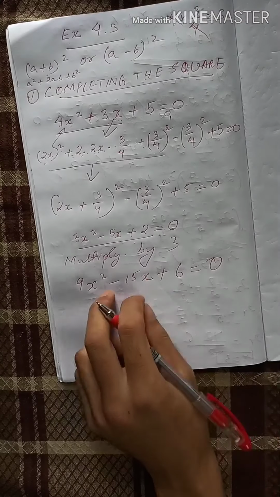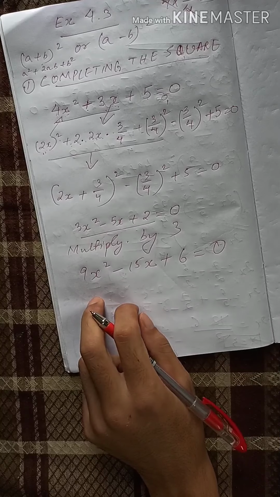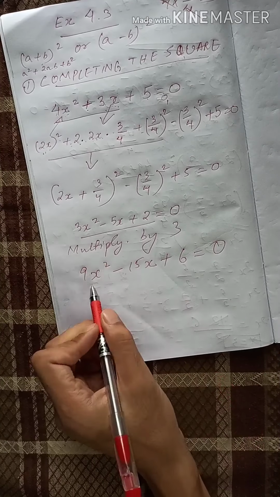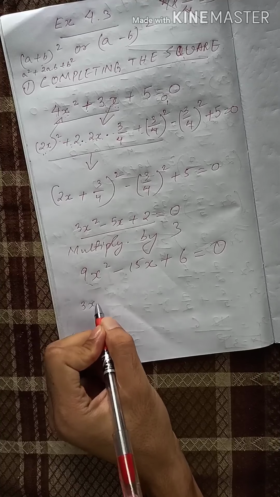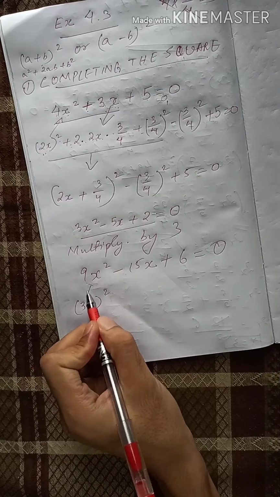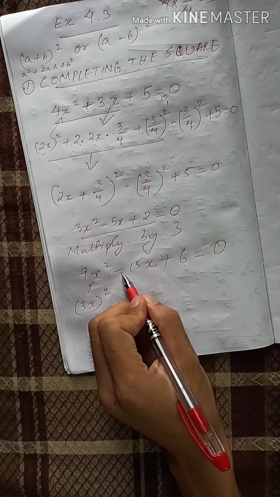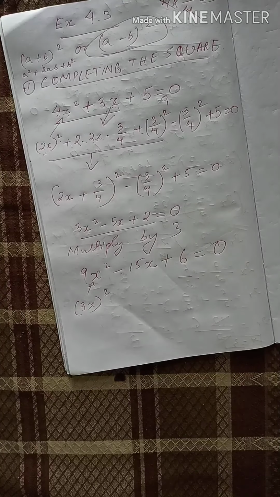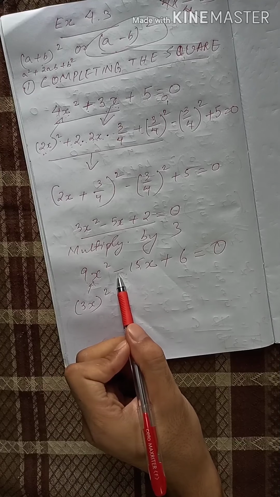We get this. So why are we multiplying by 3? So that we can get a square here. Now 9x squared can be written as (3x) whole square. This is minus, so now the (a minus b) whole square formula comes into play, because there is a minus sign.